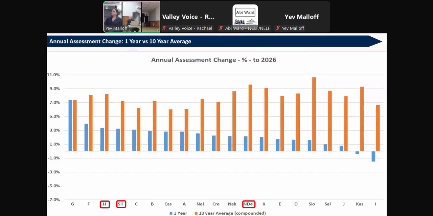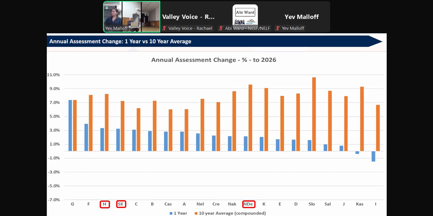So a little bit about this annual assessment change. This is a change in assessed values. The blue bars are year over year, so change from 25 to 26. The orange bars are the 10-year average, going back 10 years. We can see Area H and Silverton are to the left, so we're about a 3% increase.